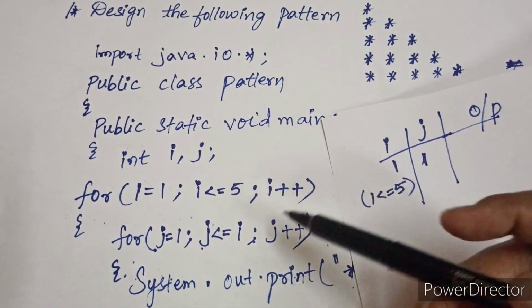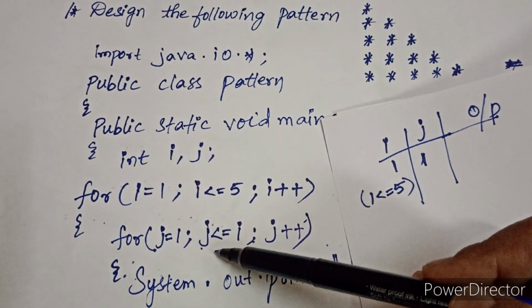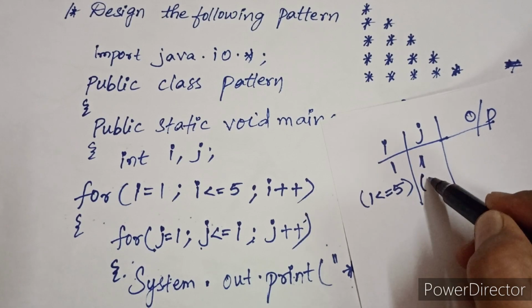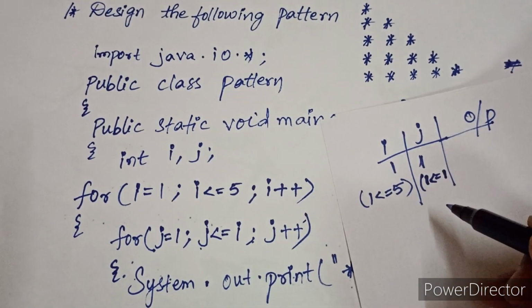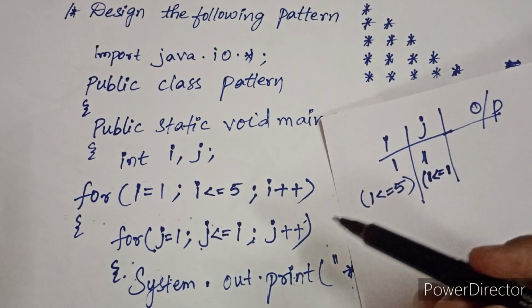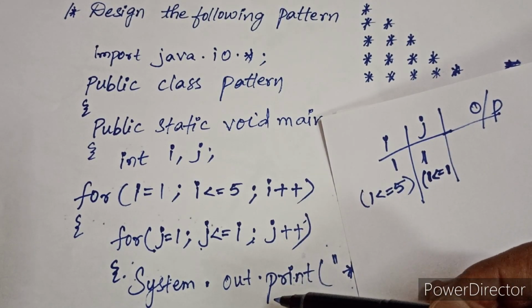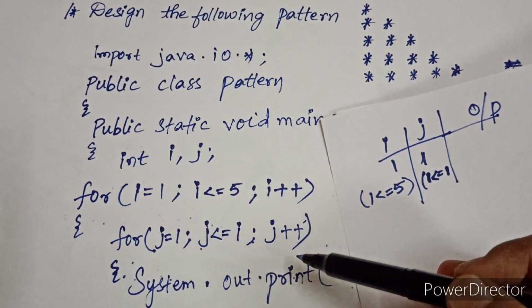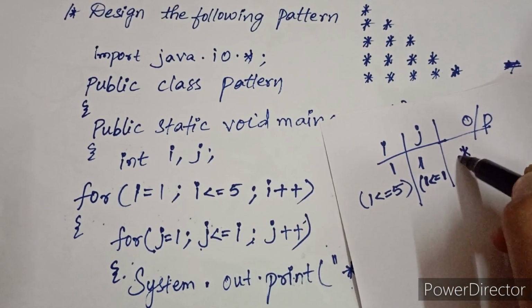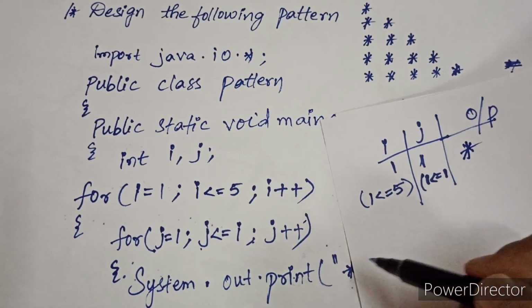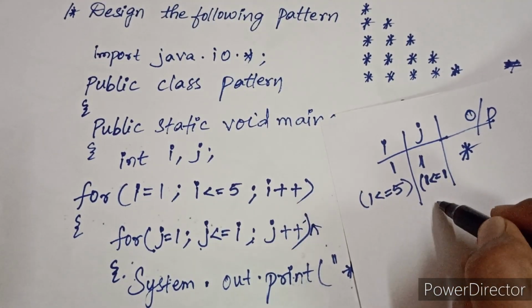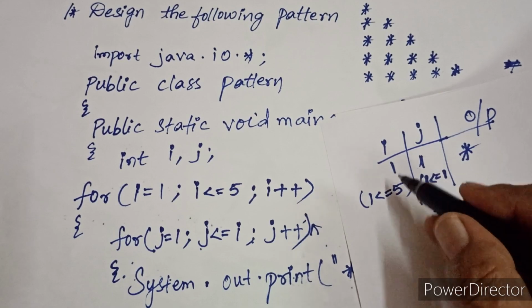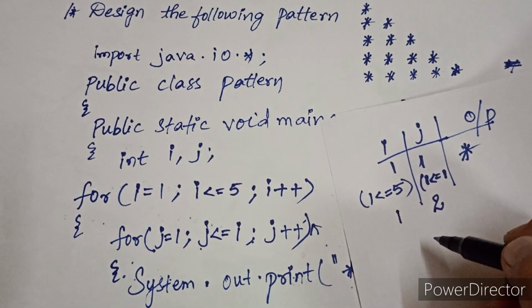So what is my condition here? j is less than or equal to i. So j is 1, less than or equal to, what is my i value? 1. The condition is true. When this condition is true, it will enter into your inner loop. System.out.print, an asterisk will be displayed. Then it will go to j++. So now the j value becomes 2, and the i value will remain the same.